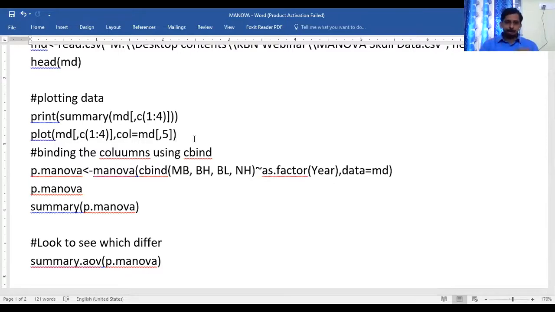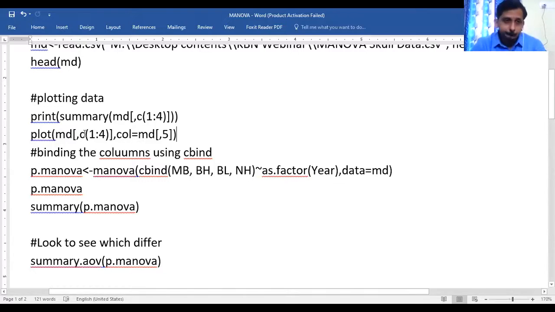Now print summary. Summary is for obtaining the minimum, first quartile, median, mean, third quartile, and maximum of the whole data frame. Okay, this is very clear by this time.